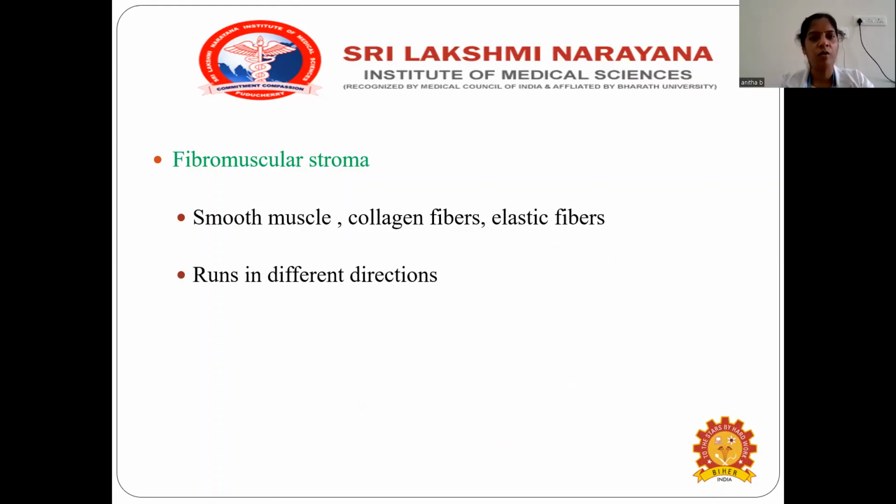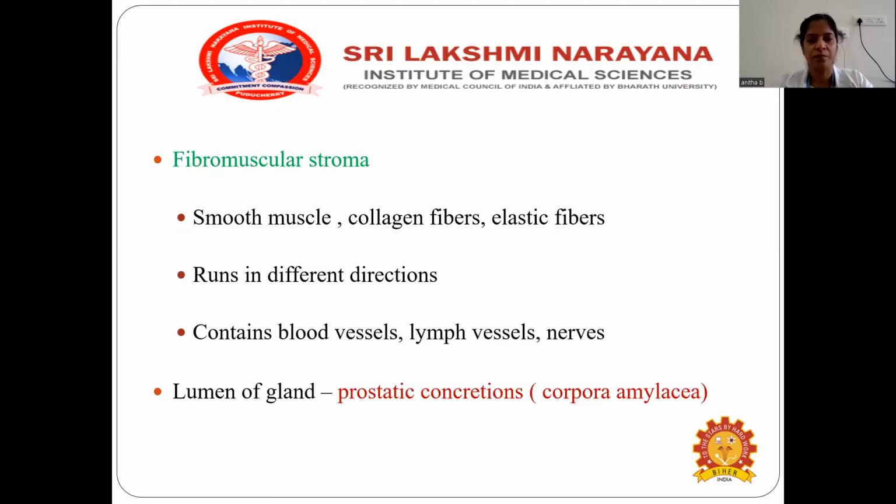When you see, they are not uniformly arranged. They are arranged in different directions. And this fibromuscular stroma will contain blood vessels, lymph vessels, and also nerves. So this is about the fibromuscular stroma. When you see the glands, in a few glands you can see some collections.